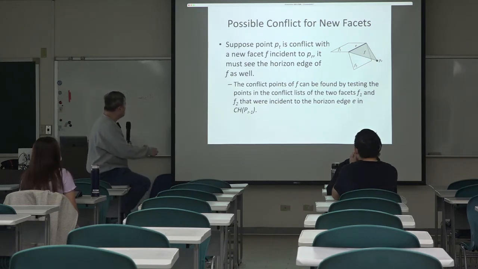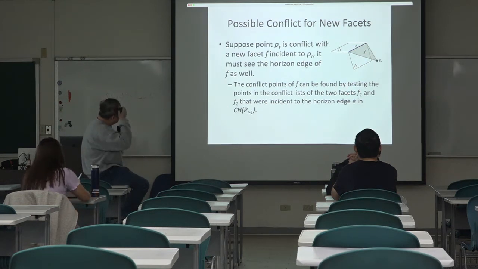So the conflict points of F can be found by testing the points in the conflict list of the two faces, F1 and F2, that were incident to the horizon edge. Last time I told you about that; this is called the horizon edge, E in CH(P_{r-1}).